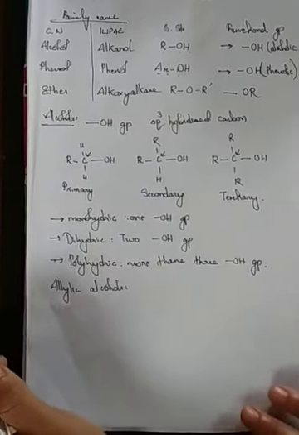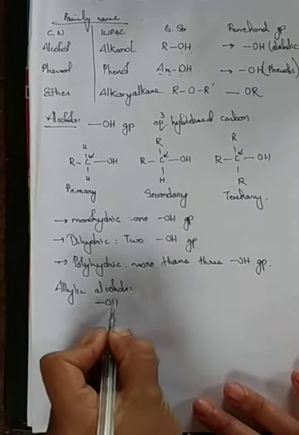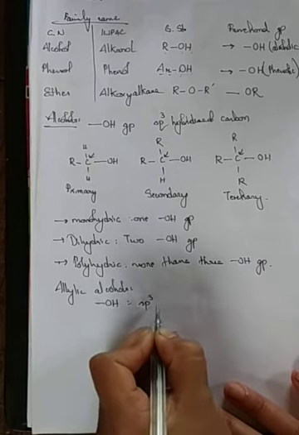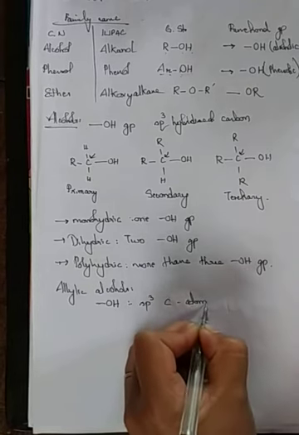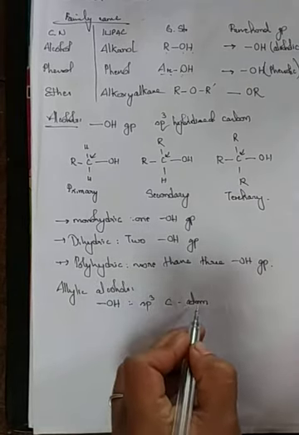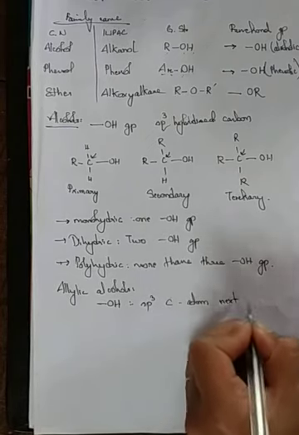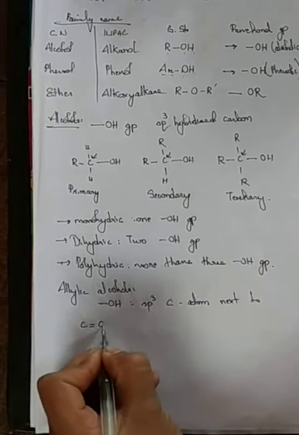In allylic alcohols, the OH group is attached to an sp3 hybridized carbon atom next to a carbon to carbon double bond.